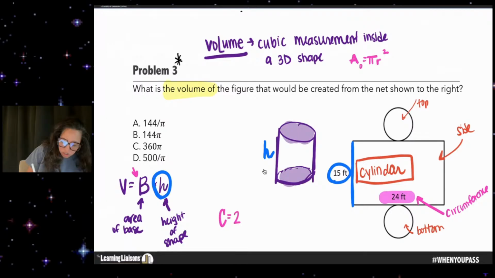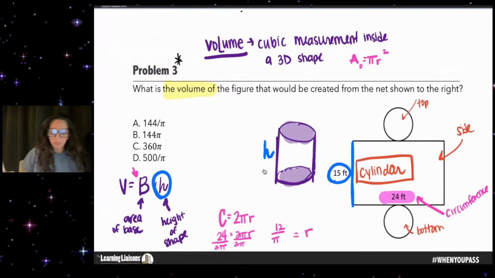Circumference equals 2 pi r. So what this means is I can plug the 24 in for the C, divide both sides by 2 pi to get r by itself. So my radius is going to equal 12 divided by pi.